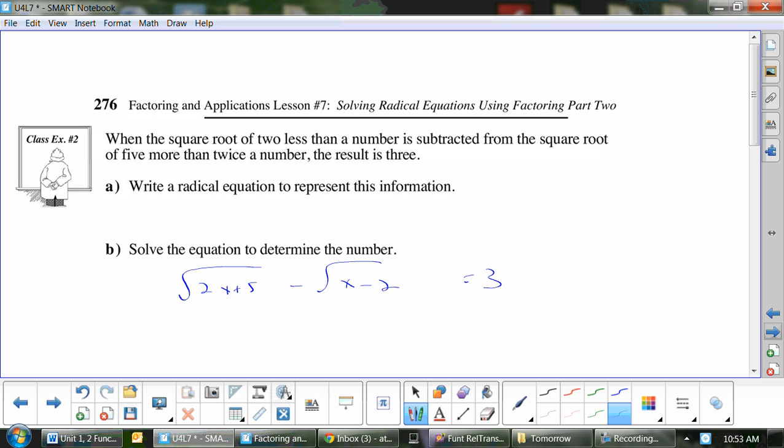When the square root of 2 less than a number, that's this, is subtracted from the square root of 5 more than a number, the result is 3. So that makes sense. If it was subtracted by 2x plus 5, then I'd put it on the other side. No. No. I mean, yes. I'm joking. Okay.